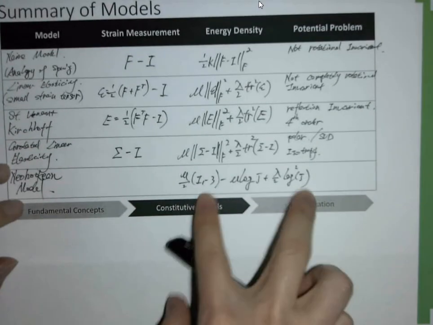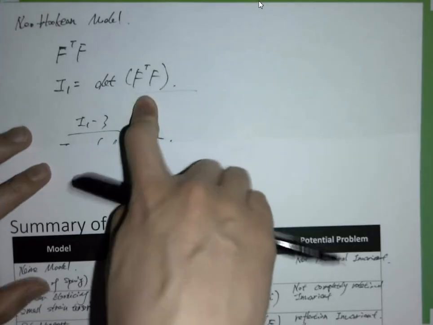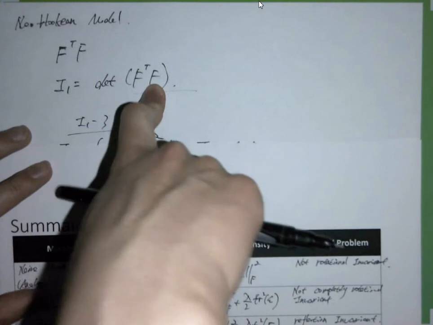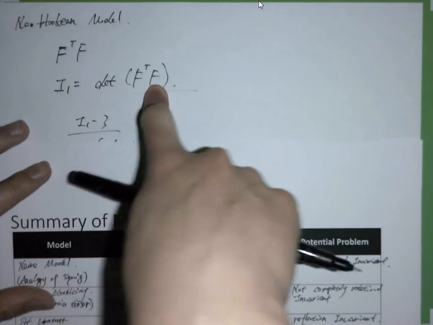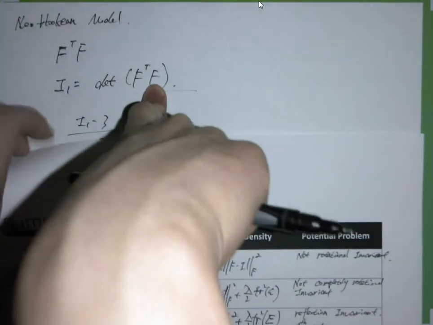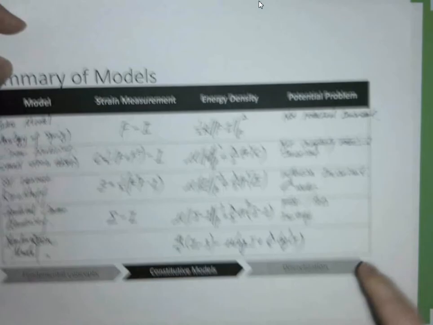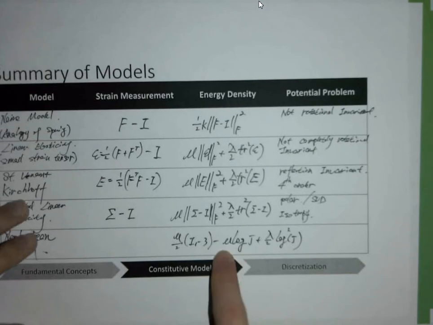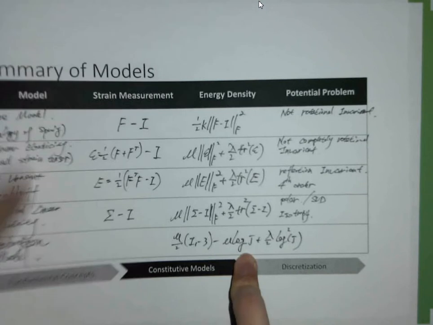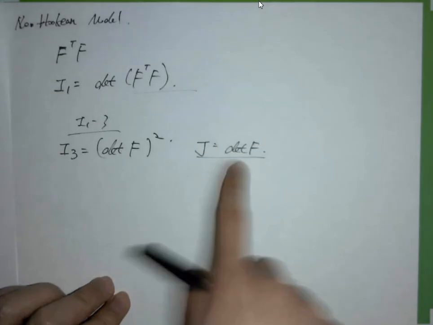I1 minus 3 means that I really want the trace of F transpose F to be 3, which is pushing F towards the identity matrix. Not exactly, but also it has minus mu multiplied by log J, where J is the determinant of F.